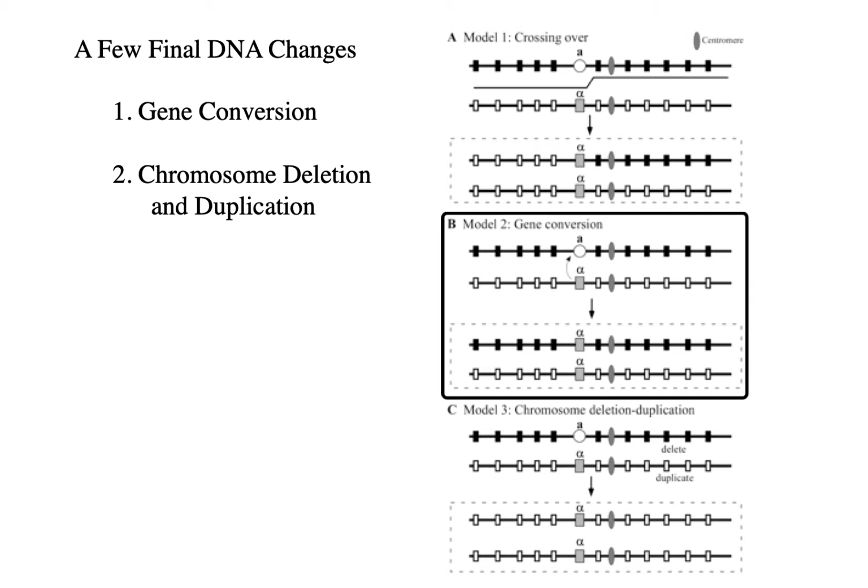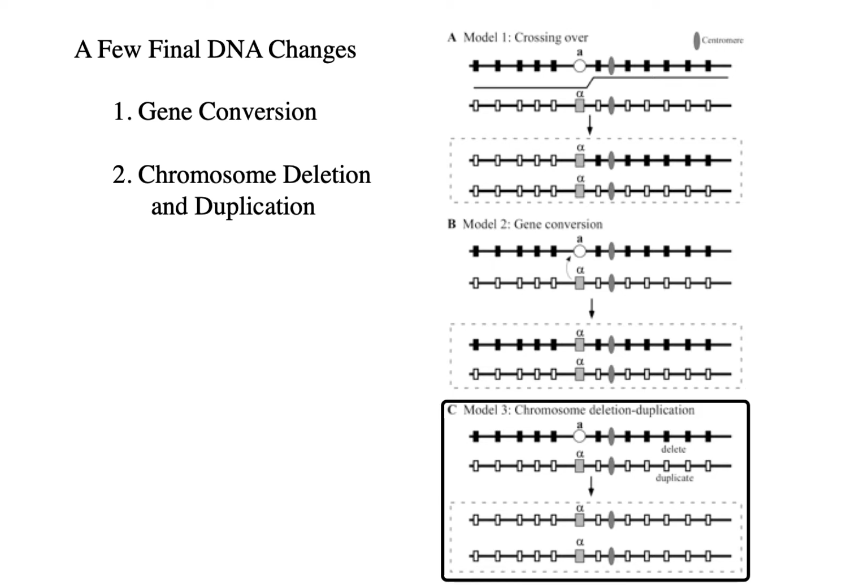Secondly, you can get gene conversion by converting one form into another. Sometimes that's done by recombination. Other times it's done just by replication, by putting these two chromosomes together, creating sort of a heteroduplex region, as we've talked about before, and then one form gets copied over the other one, so that now you have two of the alpha alleles here rather than an A and an alpha.